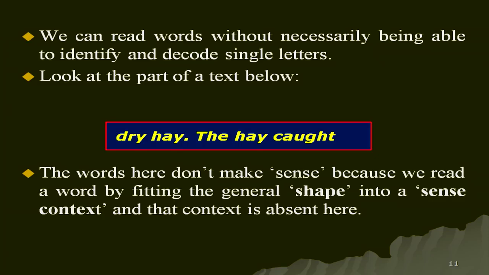We read a word by fitting the general shape into a sense context. We look at the shape of a word and then we also fit it in a sense context, what sense it makes, and that context is absent here. That is why we could not get the meaning of this line which contains 5 words.